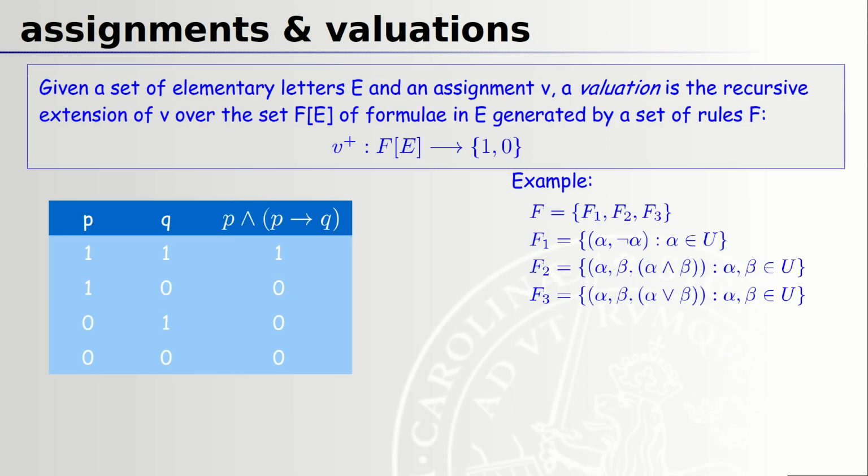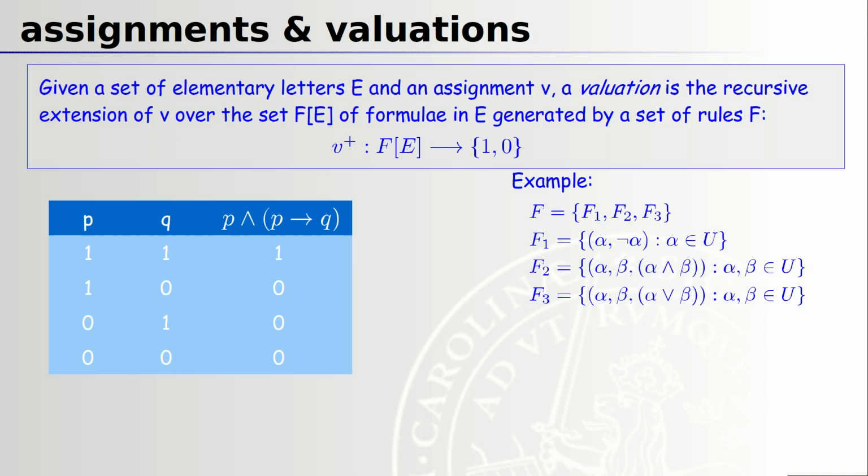Given an assignment of truth values to the elementary letters, evaluation assigns a truth value to every formula using only those letters. We can think of our set of logical formulae as being the closure of the set of elementary letters under a set of rules, similar to the expressions we built before using relations as generators.